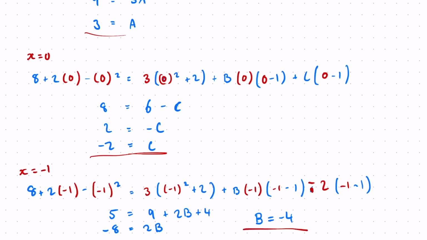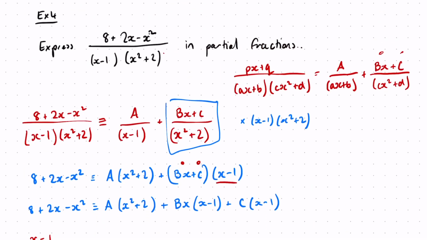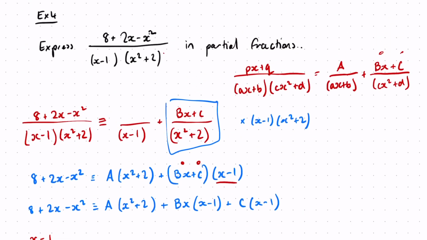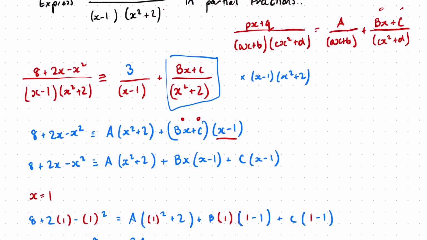And again, once I've got my b, c and a, I can put that back into my original partial fraction. So a is 3, b is minus 4, c is minus 2. So up here, I would say that a is 3, b is minus 4 and c is minus 2.